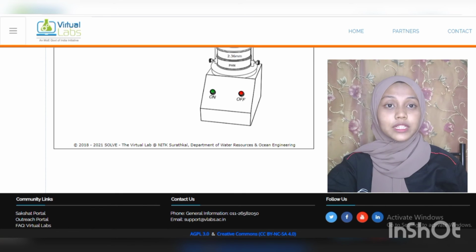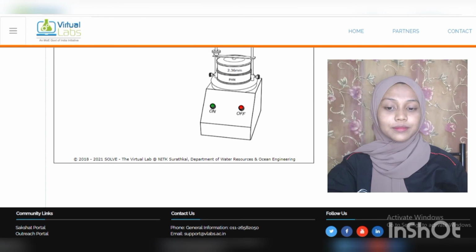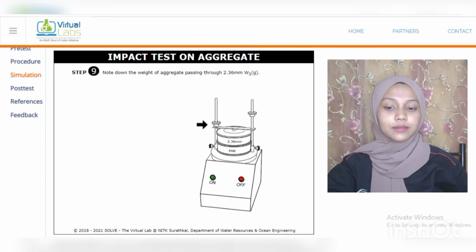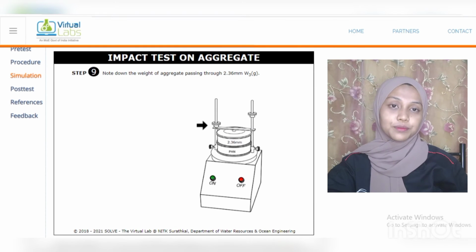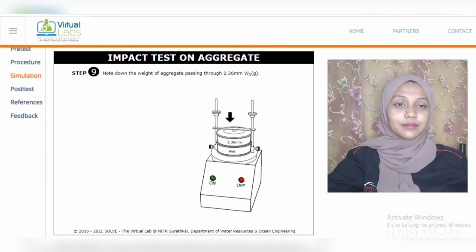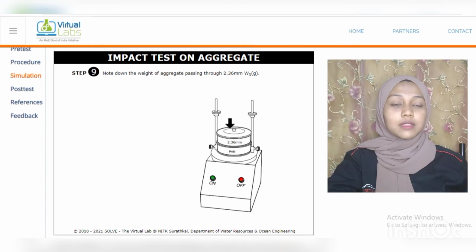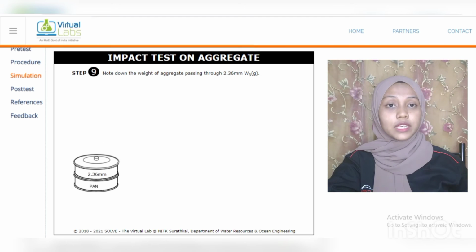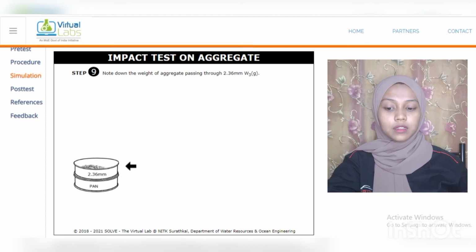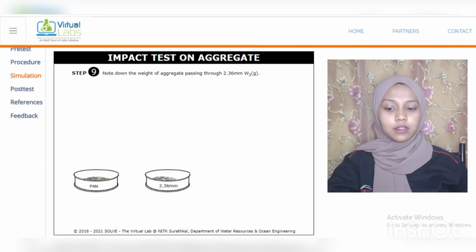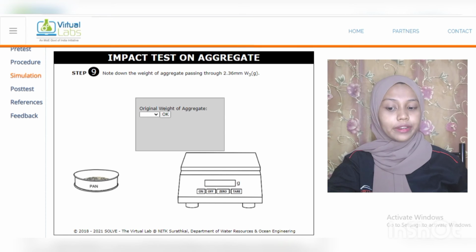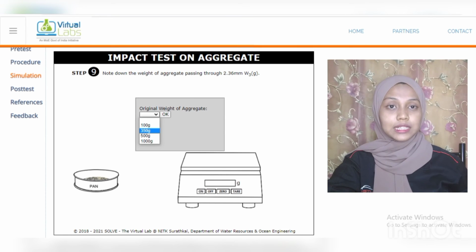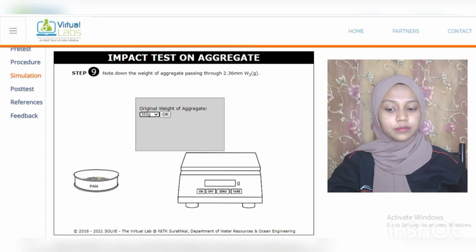Step 9. Loosen the holder. And then take it out from the mechanical shaker. Next, we're using the weighing scale. Note down the weight of the aggregate passing through 2.36 mm.